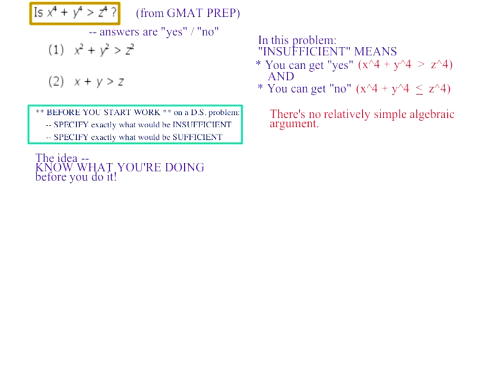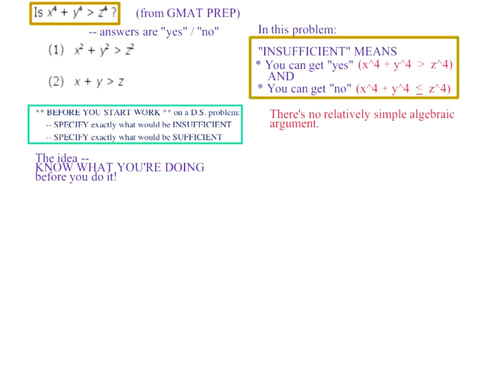This is why it helps to define insufficient first. That might have sounded weird at first, but insufficient is actually you can get two concrete things to happen. It's easier to define that first. Once you have that on the table, then you can talk about what sufficient means.